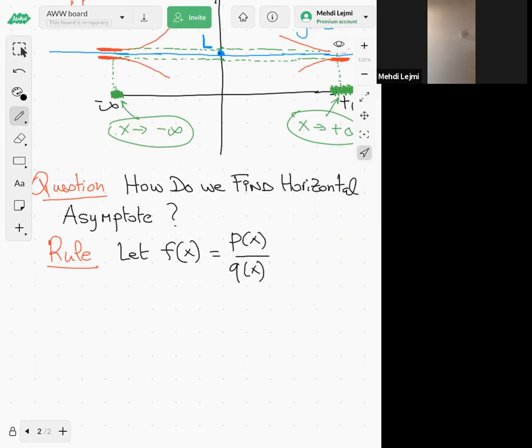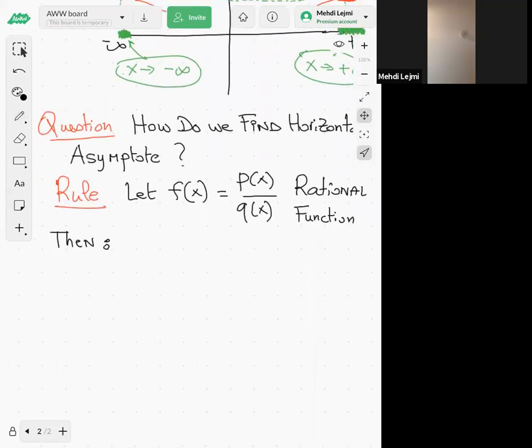This is a rational function. Then there are 3 cases.